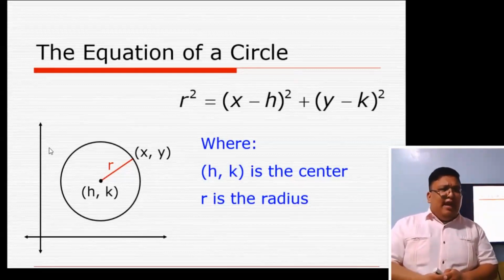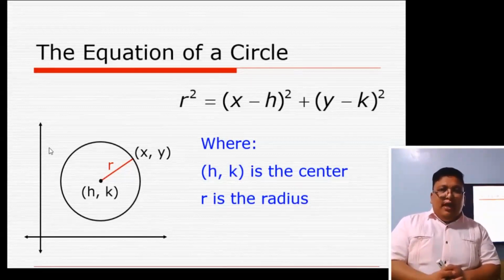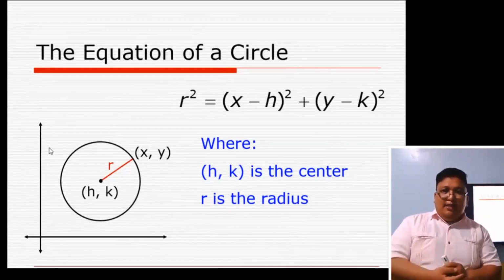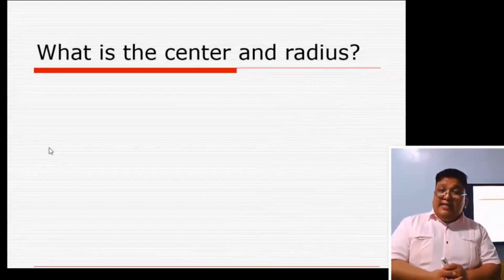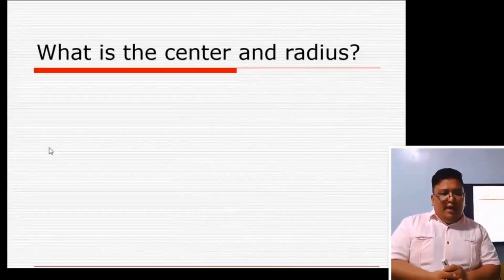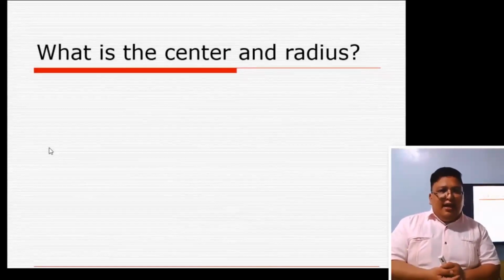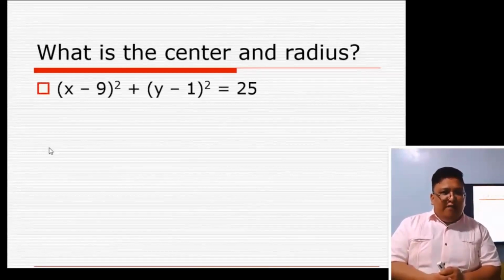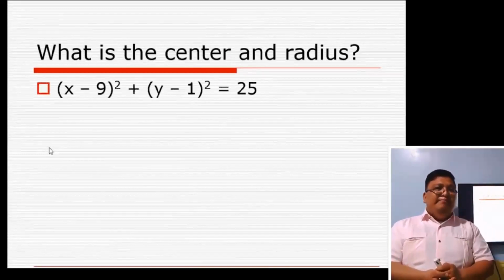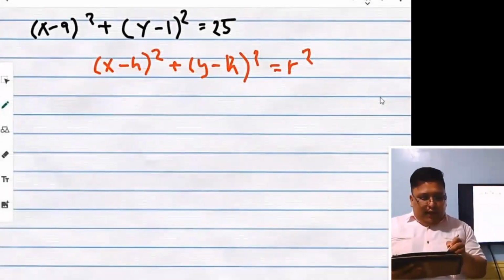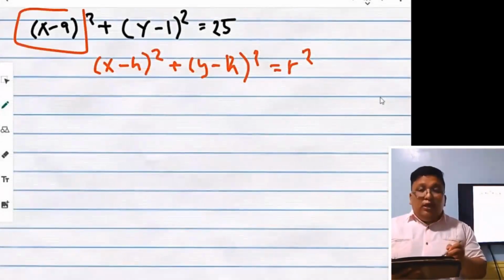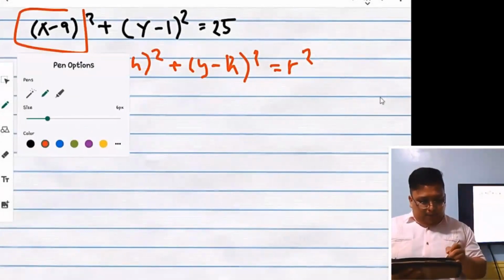Okay, now let us have some examples and application of these concepts. Let's start from the easiest. What is the center and the radius of the given equation? From here, we're just going to take x minus 9 first in order to find our h.